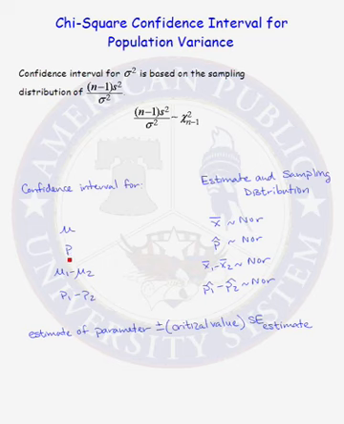If we were trying to estimate the population proportion, we used the sample proportion, and its sampling distribution was also normal. When we were estimating mu1 minus mu2, the difference of population means for two different populations, we used x1 bar minus x2 bar as our estimate, and its sampling distribution was normal.